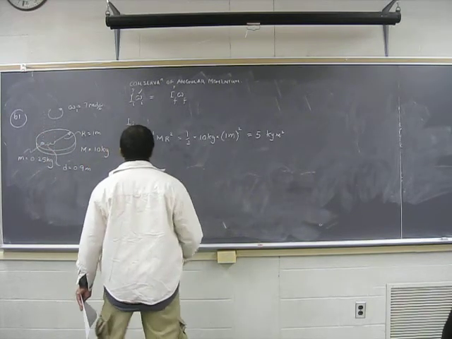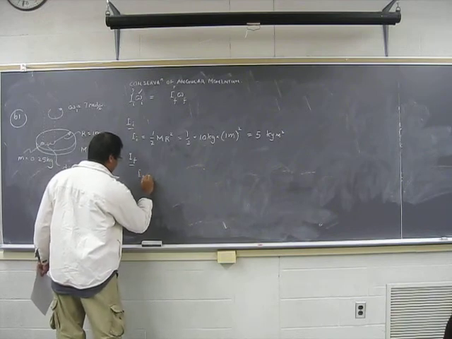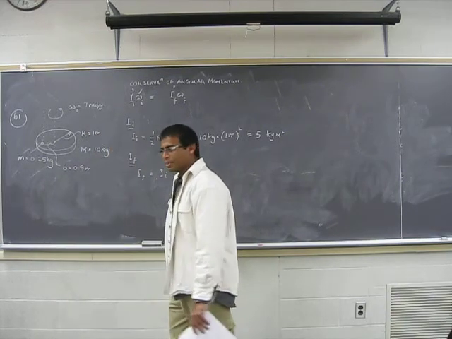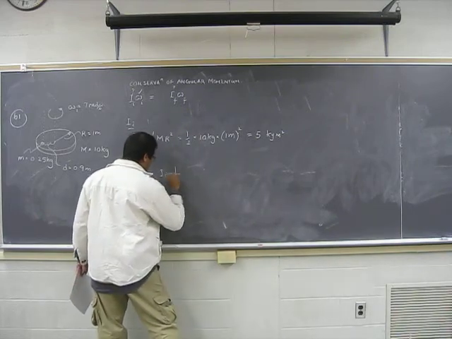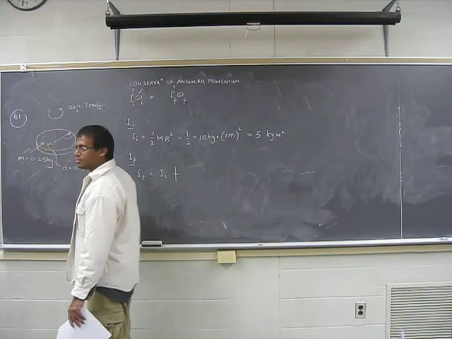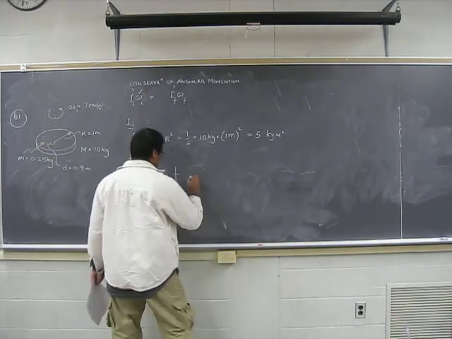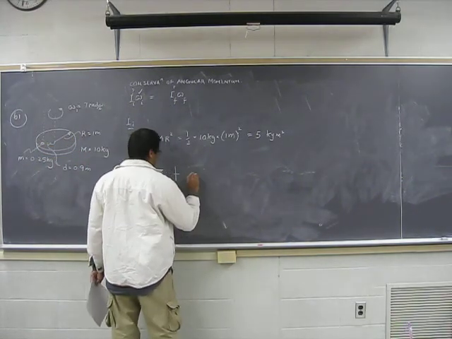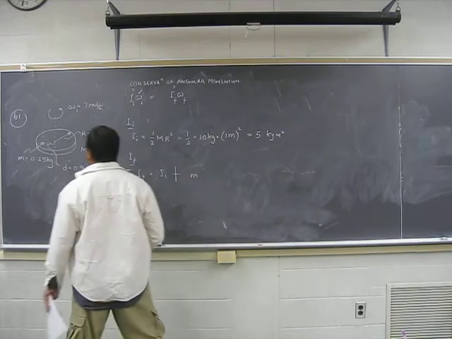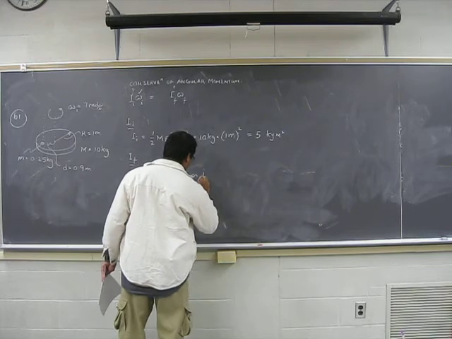So to find this, I'm going to keep my initial moment of inertia and add the moment of inertia that's coming from the putty. How do I add that? All I need is m r squared, so here it's m d squared.